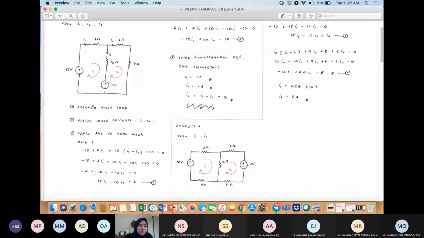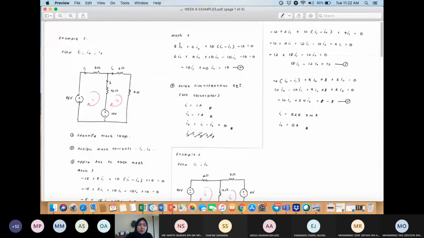If you simplify this, you get 15 I1 minus 10 I2 equals 5. This is the first KVL equation, based on loop 1.